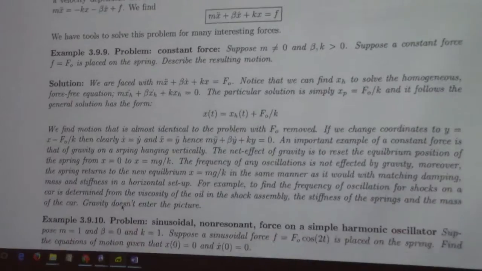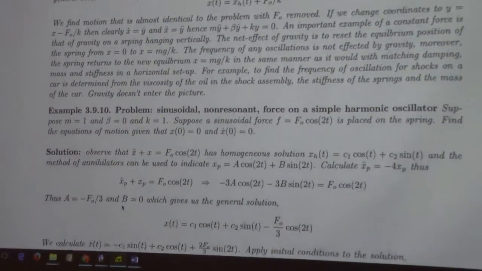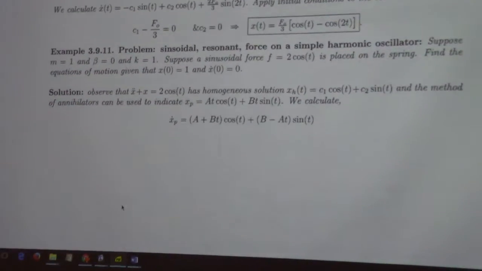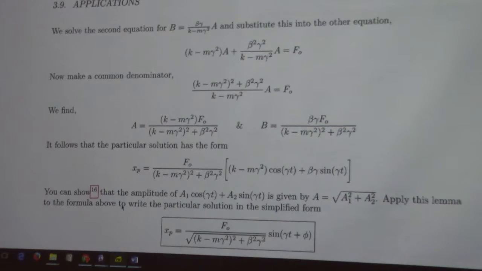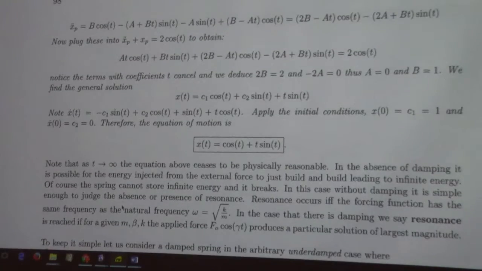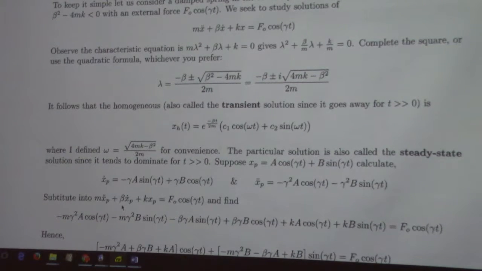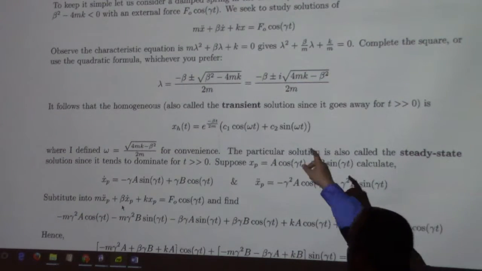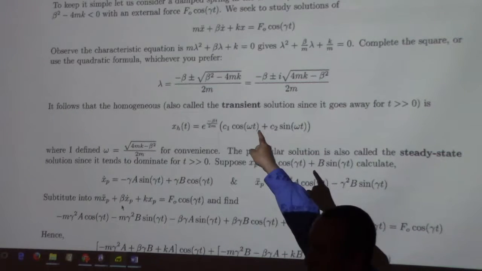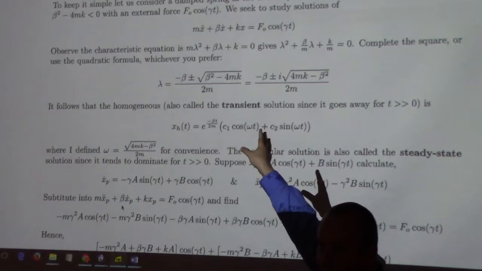And finally, just to mention, I won't work out the derivation today because we're out of time. I mentioned earlier that the problem of resonance is really to pick a gamma that gives you the maximum amplitude of the response function.